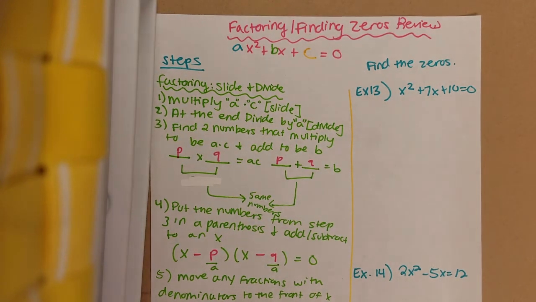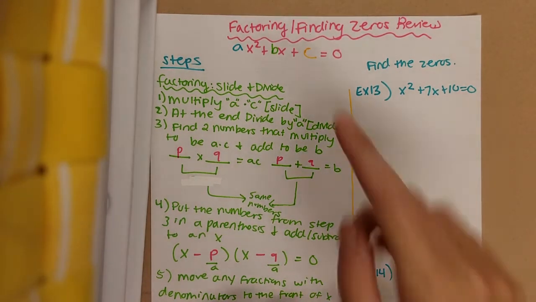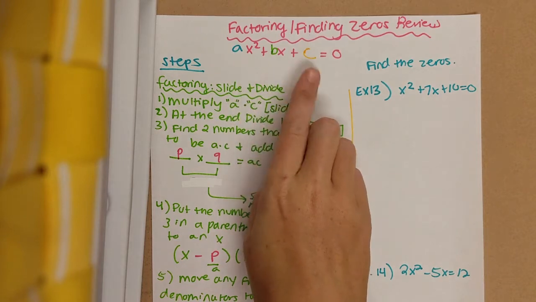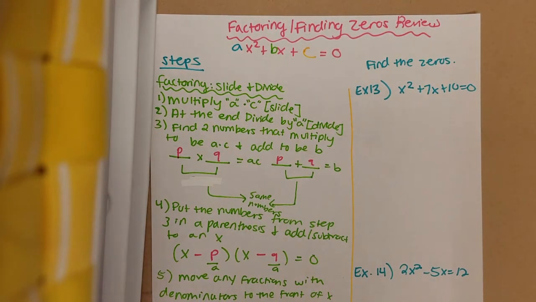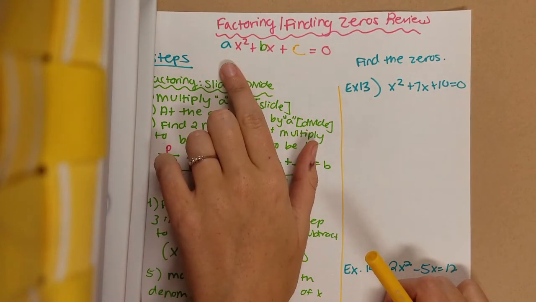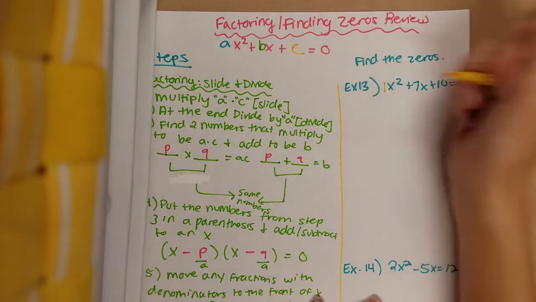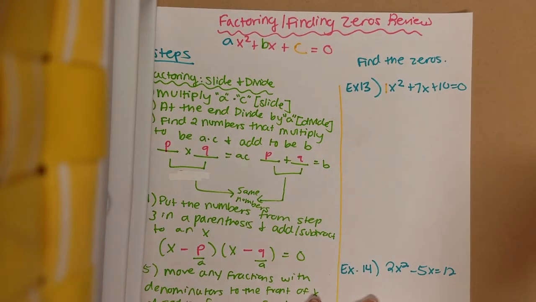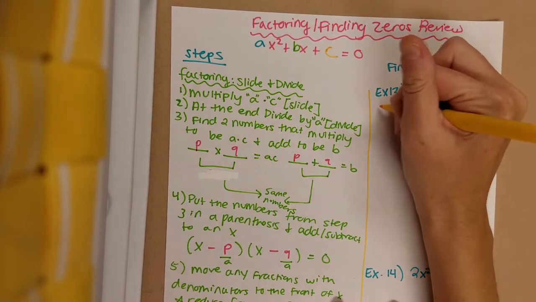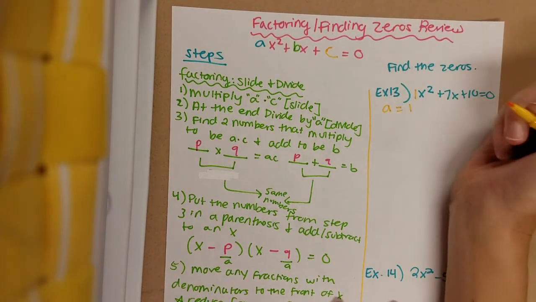Before we start factoring and finding our zeros, the first thing I like to do is determine our A, B, and C. That way we already know what they are and we don't have to question it. My A is the number in front of the x squared. I don't see a number there, so secretly there's a 1 in front of my x squared. So my A value is 1.